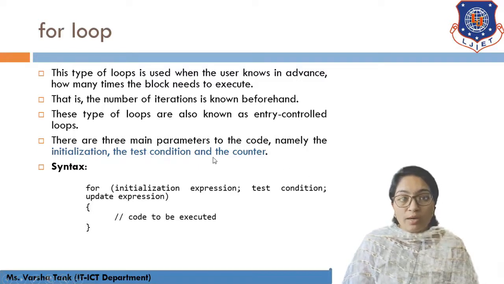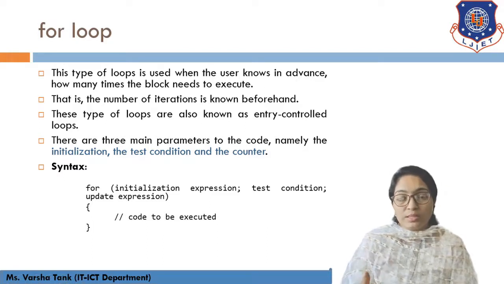And the counter, which defines the jump statement. Here the syntax of the for loop is given: for (initialization expression, for example i = 1; test condition i <= 10; update expression i++, or you can write i = i + 2, so a jump of 2). Then you write the code to be executed. This is the syntax for the for loop.